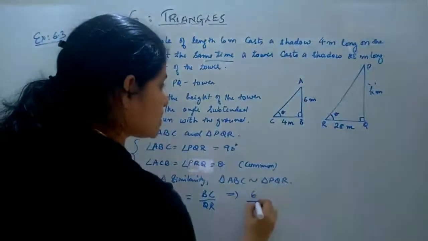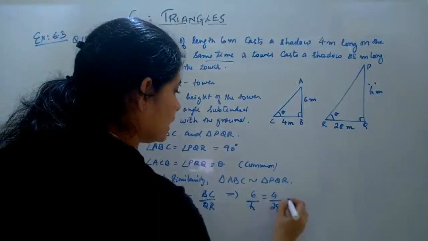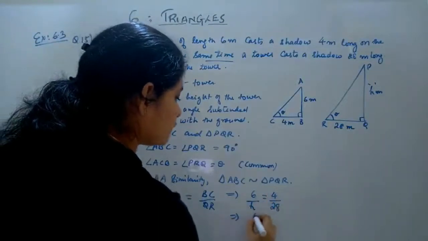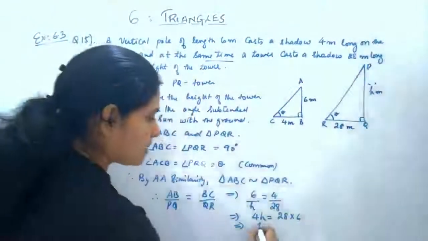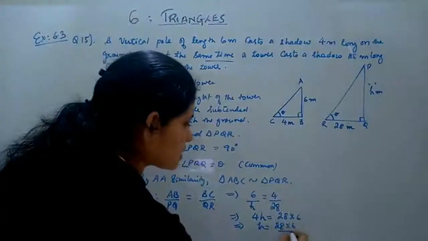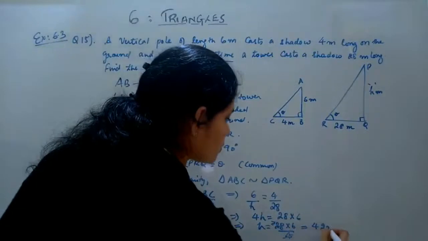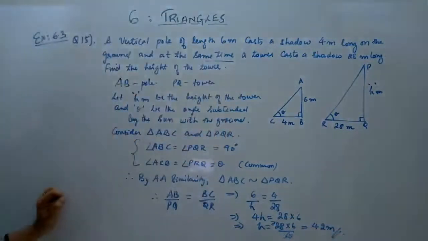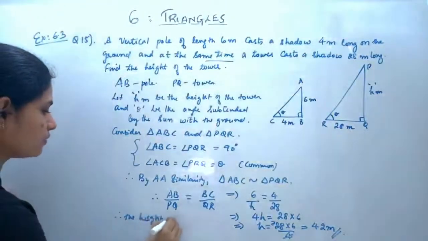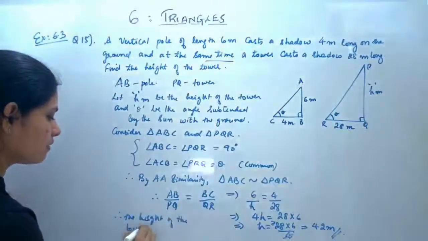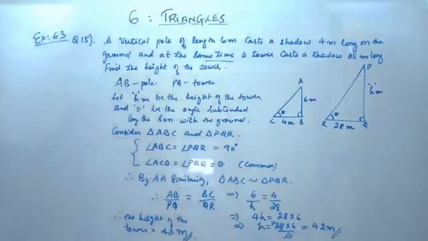AB is 6, PQ is taken as H, BC is 4 and QR is 28, which implies 4H is equal to 28 into 6, or H is equal to 28 into 6 by 4, which will give you 42 meters. Therefore, the height of the tower is 42 meters.